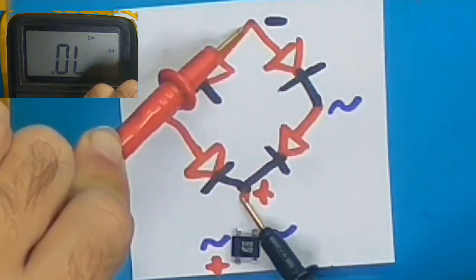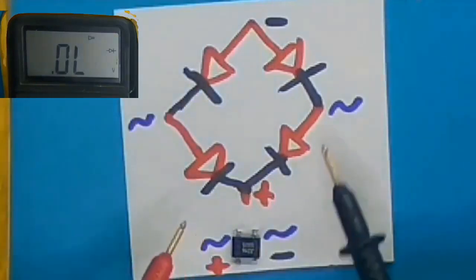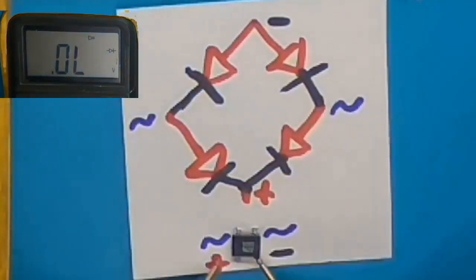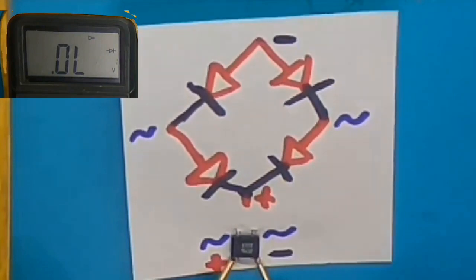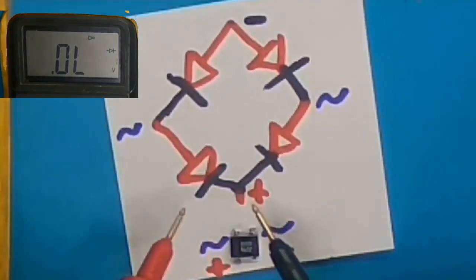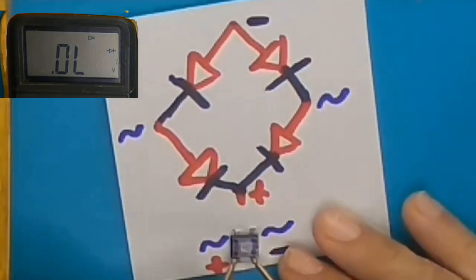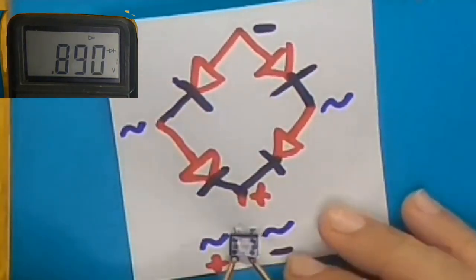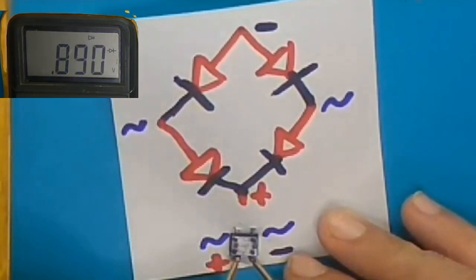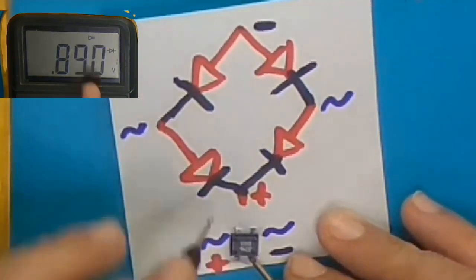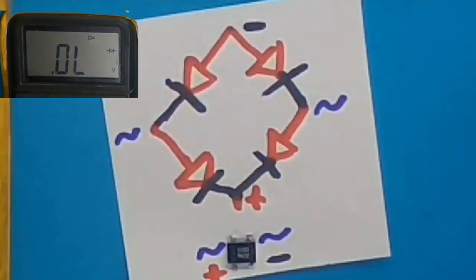So we expect around 800 to show us over there. When measured correctly, with the red on the plus, we have this indication here, 890 puts us over here. Any other indication shows you have a fault in the bridge.